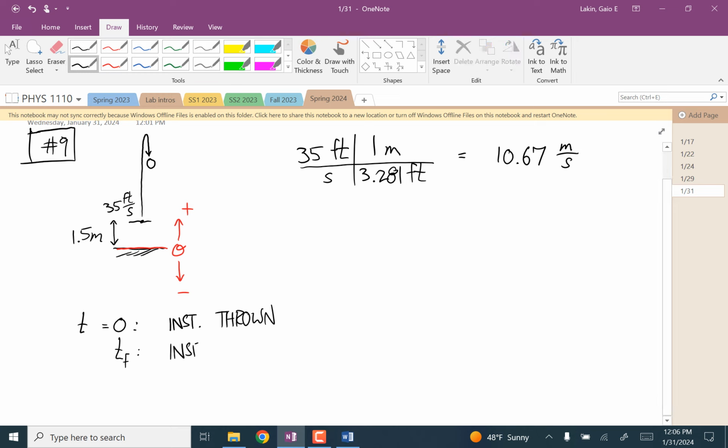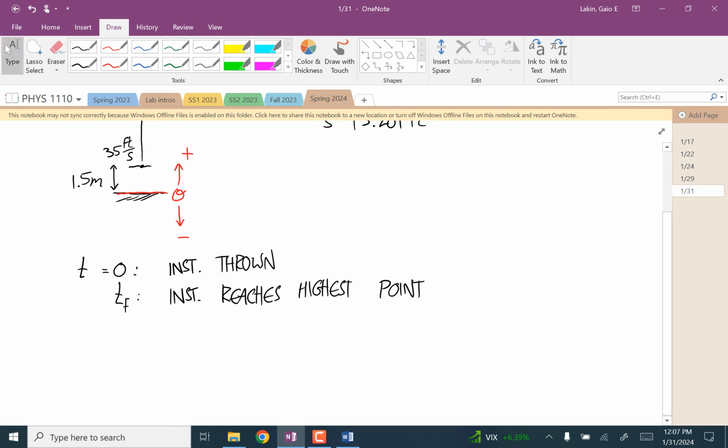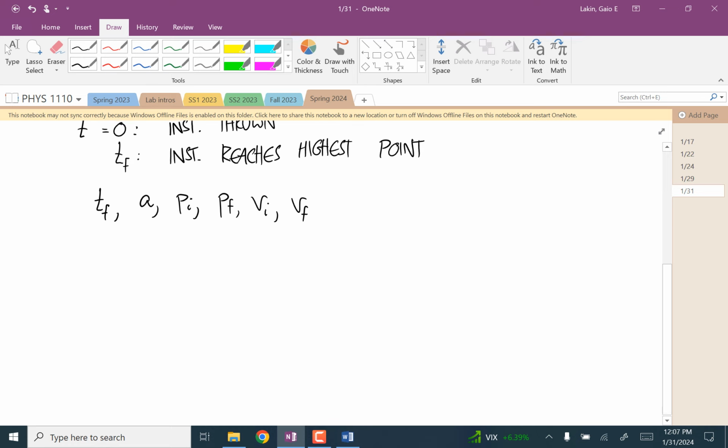So this is the instant it reaches the highest point. And now that we've chosen those 4 things, we can figure out what variables we know and what variables we want. I'm going to just list them so we don't miss any: time final, acceleration, P initial, P final, V initial, V final.